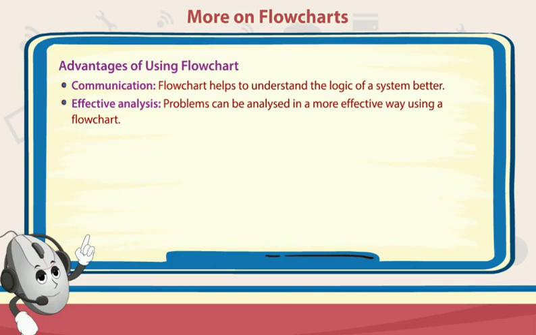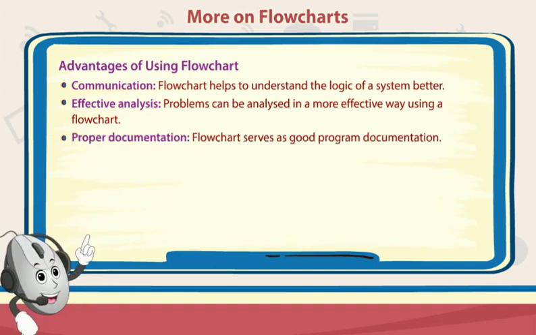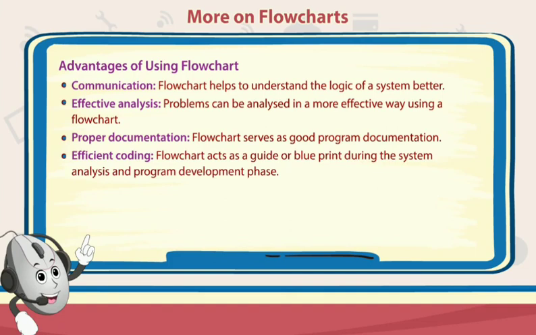It helps to analyze the problem in a simple and better way. Next one is proper documentation. Flowchart serves as good program documentation because before creating a program, first we make the flowchart of that program. Effective coding: flowchart acts as a guide or blueprint during the system analysis and program development phase.